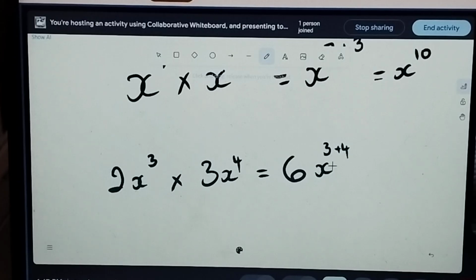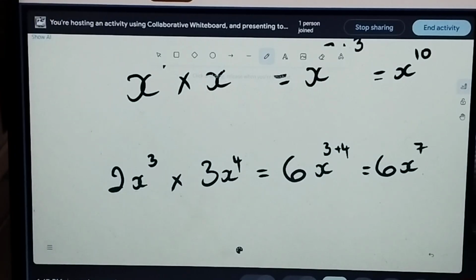When you get to the variables, you use the rule that if you're multiplying powers, you add the powers. That doesn't change at all. So your final answer would be 6x^7.